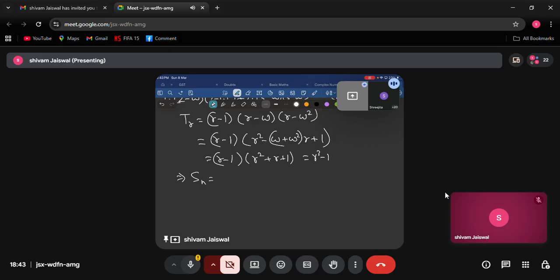So Sn will be equal to summation of TR, which is equal to summation of R cube minus 1 from R equal to 1 to N, which is equal to summation of R cube minus summation of 1. Summation of R cube is equal to N into N plus 1 by 2 whole square minus N. Tell me, is it clear to everyone?